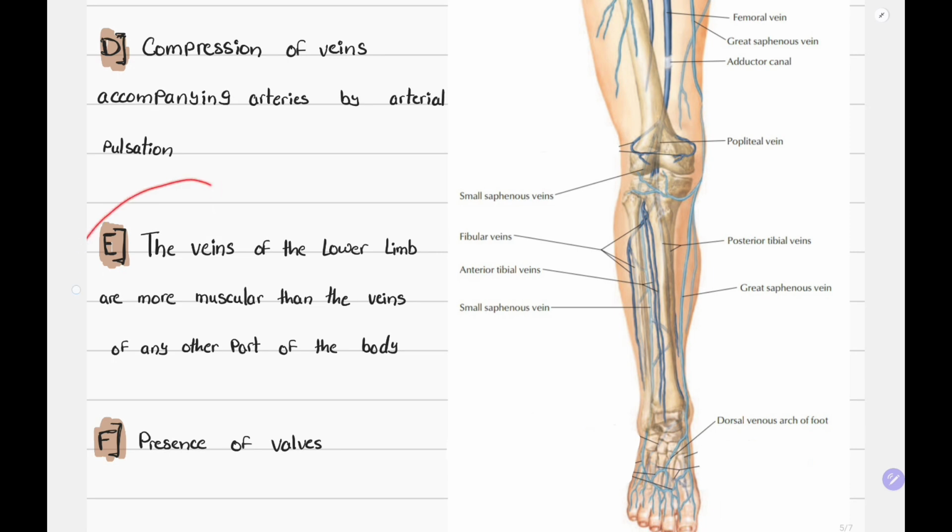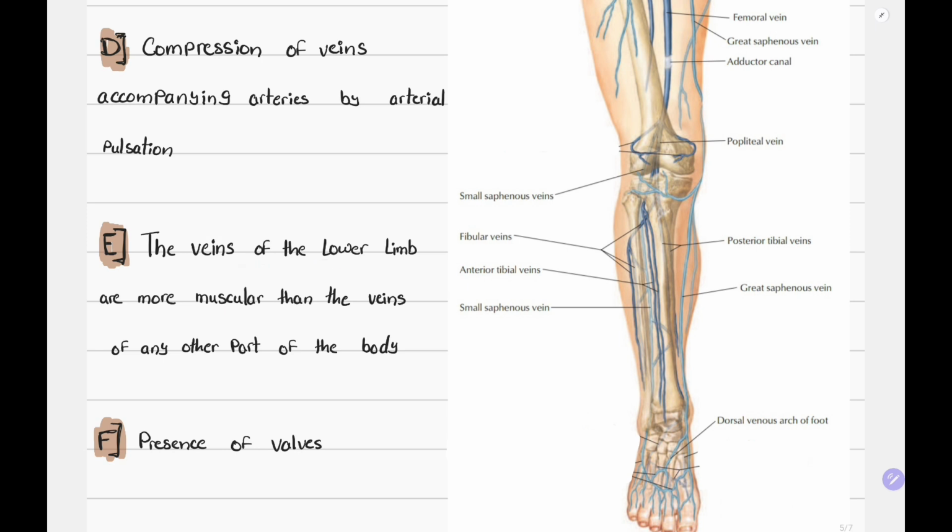So this is the new point regarding the anatomy of the veins of lower limb. The veins of the lower limb are more muscular than the veins of any other part of the body. So if you take a vein of the upper limb and a part of a vein of the lower limb and compare them, you will find that the veins of the lower limb are more muscular.